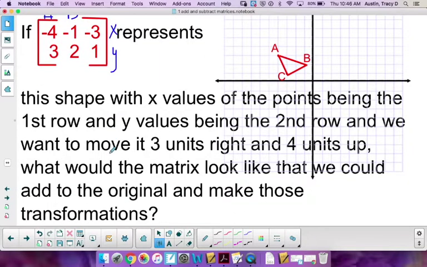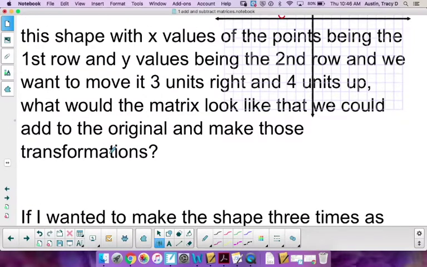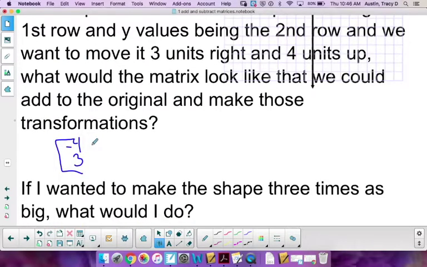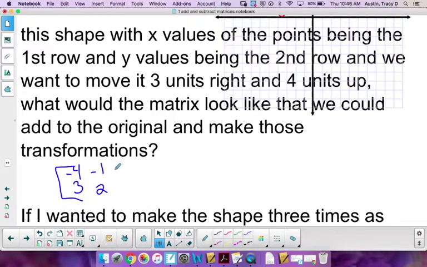So I'm going to slide down here so we can write it. So the actual original matrix, so that would be -4, 3, and -1, 2, and -3, 1. Okay, that's our original points, right?